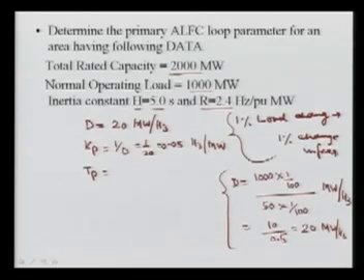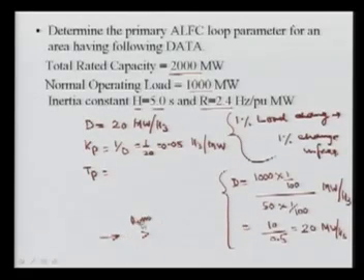Now we want to calculate this in terms of per unit megawatt, as I said. Normally, if H is given, then the value which we are calculating here, that is P mechanical minus P electrical, was in per unit megawatt. So we can convert this into per unit megawatt, and then this D will be changed.